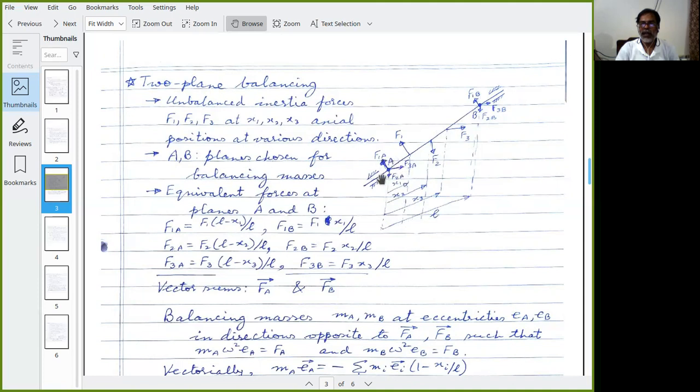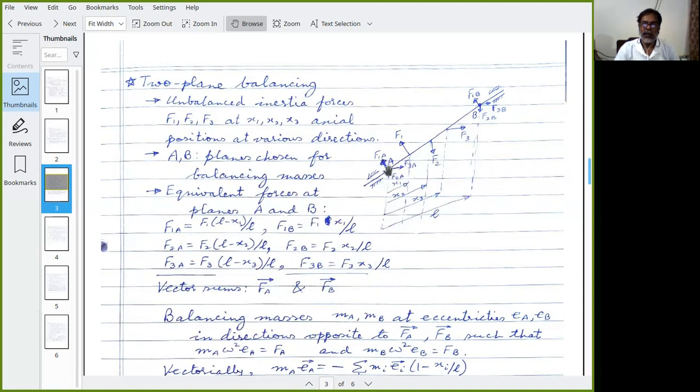These are all in the plane. So you can find their resultant in magnitude and direction. That will be in the plane perpendicular to that axis. In a parallel plane here, you find the resultant of these forces. So we have found these two.